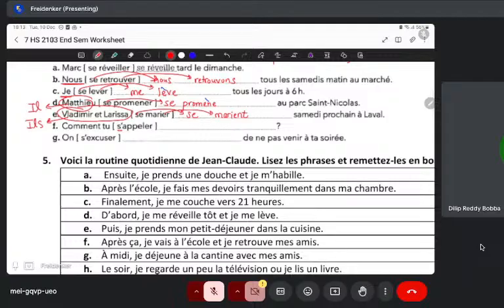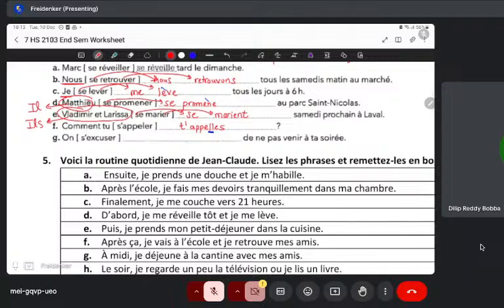Even appeler has a strange conjugation, right? Because sometimes you'll get a double L. For example, in this case, comment tu t'appelles. This is one of the first verbs you must have seen. So here you're getting a double L. Why is there T apostrophe? Because first of all, SE became TE because there is tu here, and T apostrophe because the verb begins with a vowel.